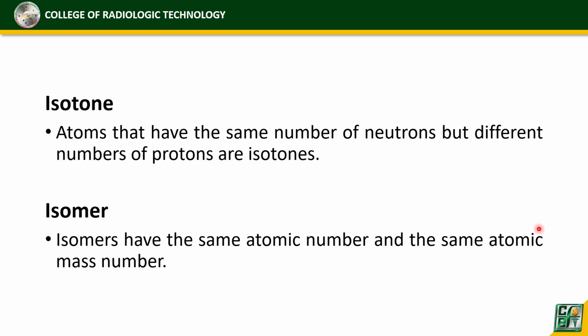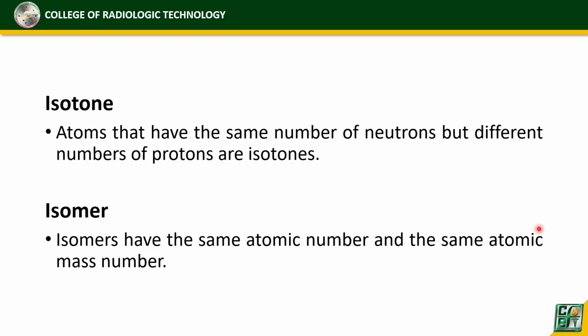I have another meaning for isotone: they are atoms or elements that have different atomic number and different atomic mass number. So isotone: different atomic number and different atomic mass number, same number of neutrons but different number of protons.